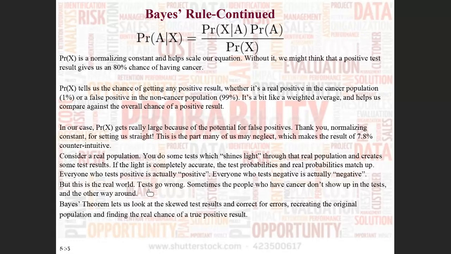It's still not close, okay? It approximates the population. So therefore, you have errors. So in the real world, tests go wrong. Sometimes the people who have cancer don't show up in the tests, and the other way around. Bayes' theorem lets you look at the skewed test results and corrects for errors, recreating the original population and finding the real chance of a true positive result. So it's used as a corrective technique for possibly skewed results.